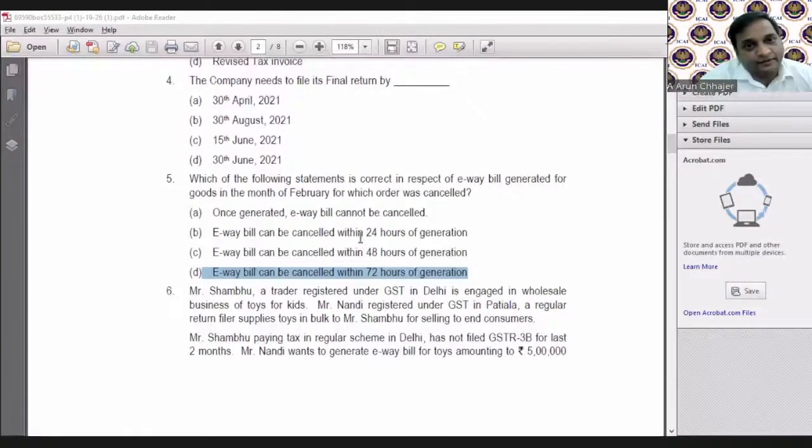The last question for the day. Annual return. In some scenarios, annual return is not applicable.